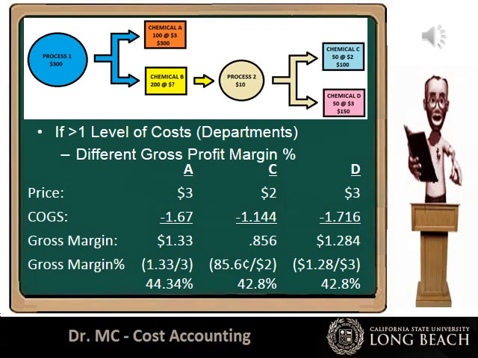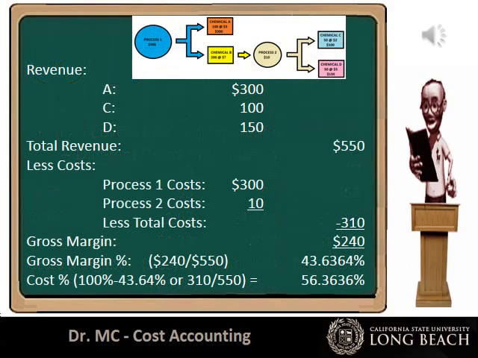The constant gross margin percentage method allocates the joint costs so that the joint products all end up with the same gross margin percentage. With the constant gross margin percentage, the firm has to calculate its gross margin percentage from all of the joint products. It does this by adding together all of the final sales revenues from all of its products.